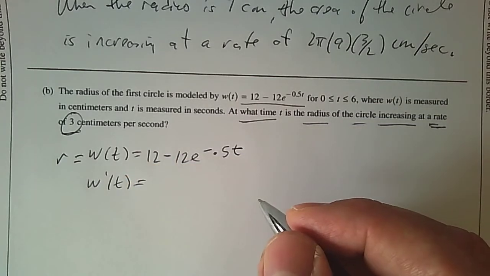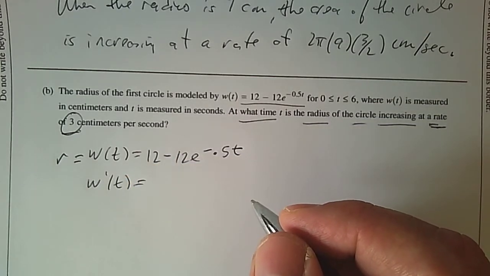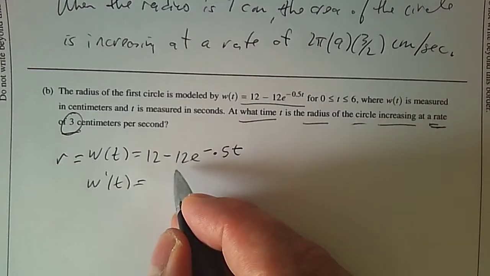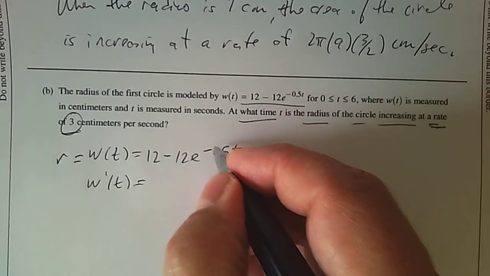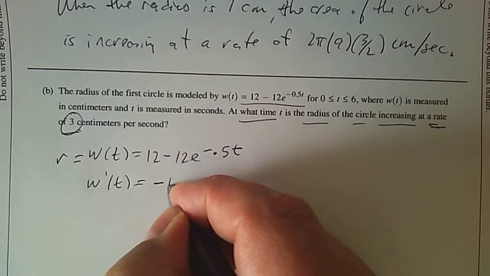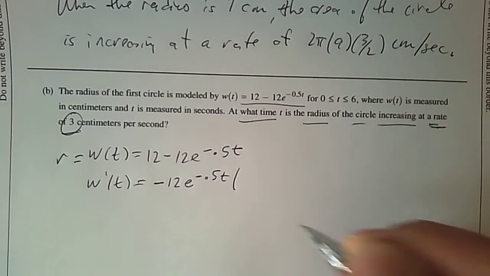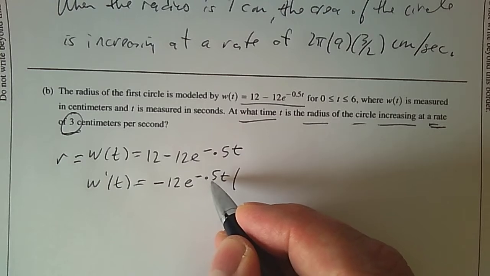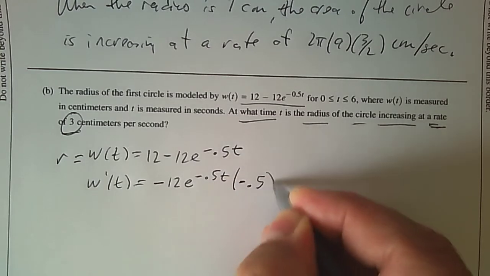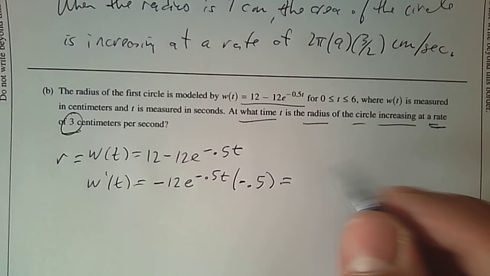The derivative of 12 is 0. The derivative of the second part, you need to rewrite what you see, negative 12 e to the negative 0.5t, but it has a cute little hook. The derivative of negative 0.5t is negative 0.5. You don't have to, but it might be helpful.